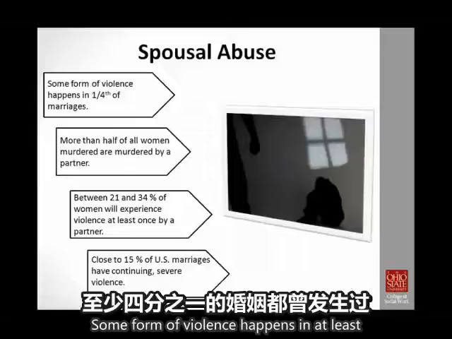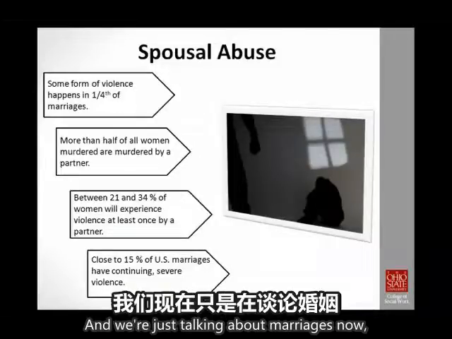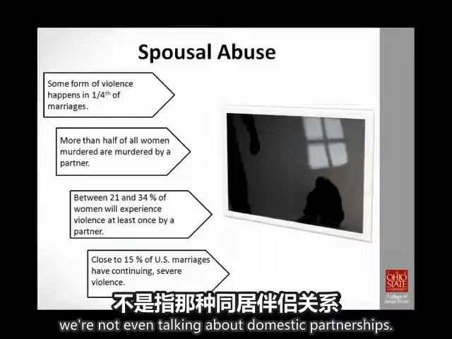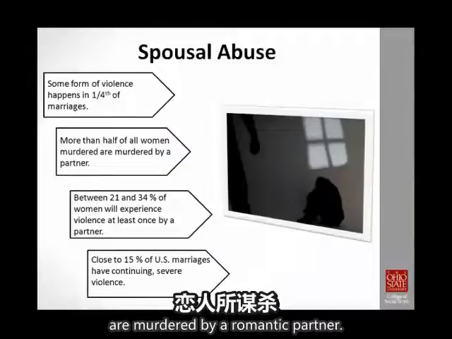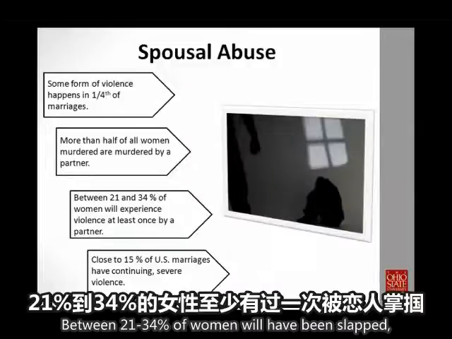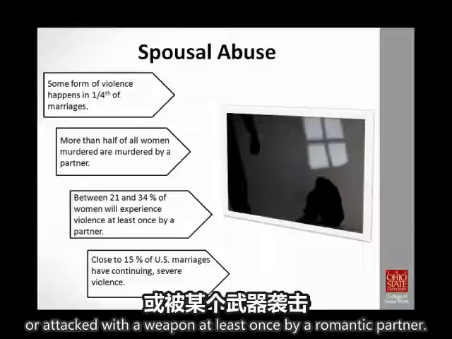Some form of violence happens in at least 1/4 of all marriages, and we're just talking about marriages now. We're not even talking about domestic partnerships. More than half of all women murdered are murdered by a romantic partner. Between 21 to 34% of women will have been slapped, kicked, beaten, choked, or threatened or attacked with a weapon at least once by a romantic partner.